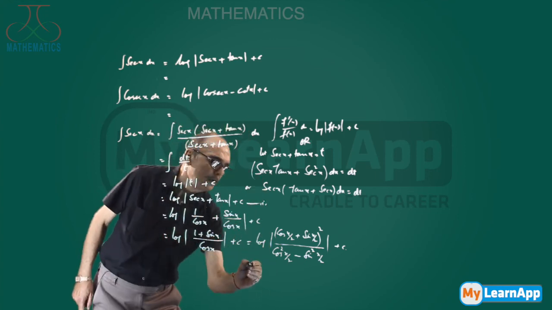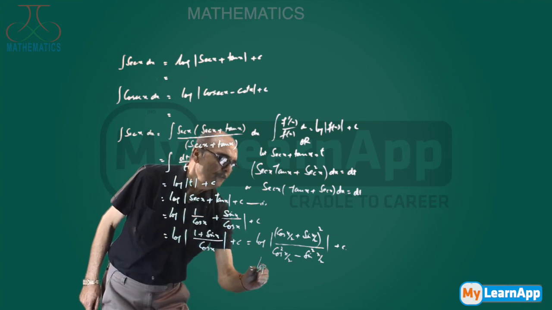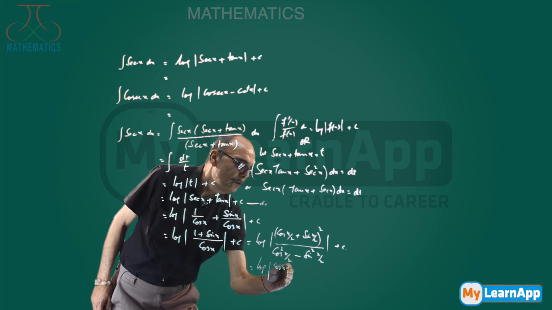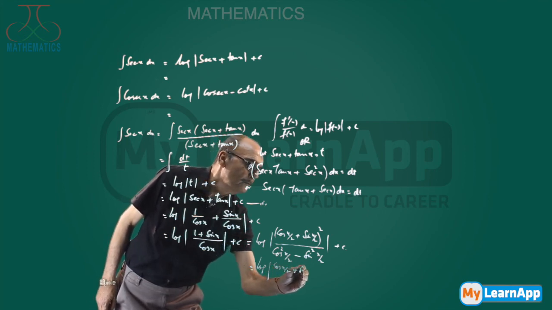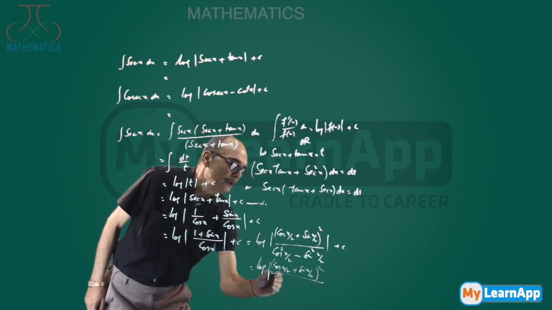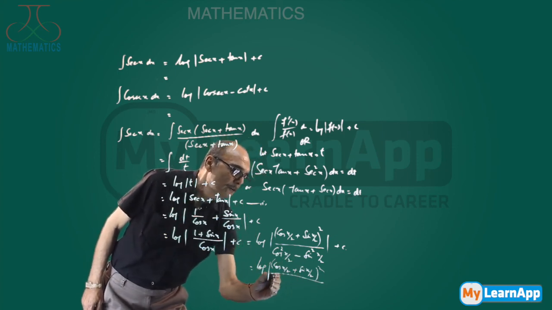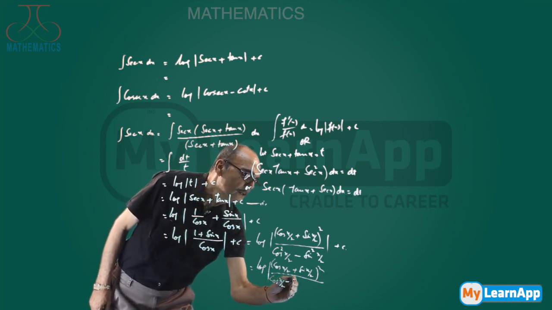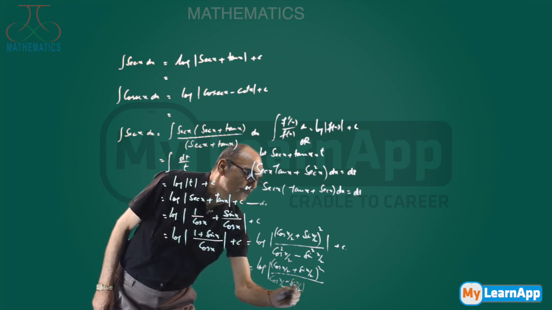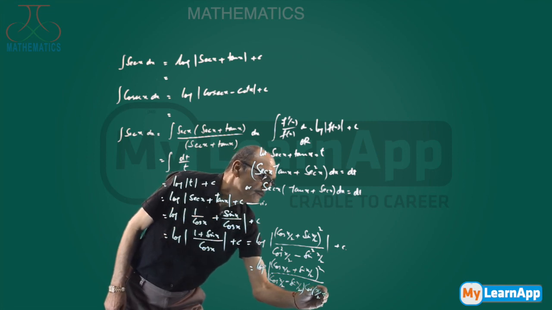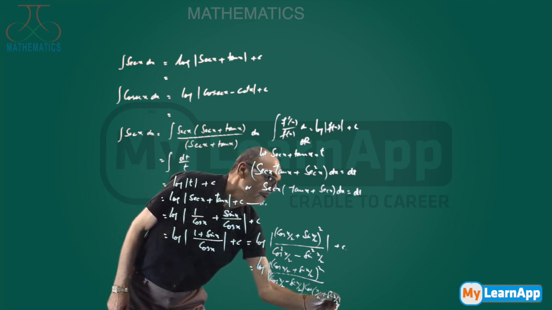Now, further we can write this as log of cos x by 2 plus sin of x by 2, square of this, divided by the difference of two squares, cos of x by 2 minus sin of x by 2 and cos of x by 2 plus sin of x by 2.